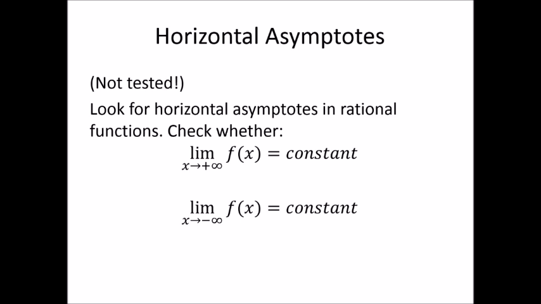So how do you know whether it approaches a constant? Sometimes you can just logic it out. If you have 1 over infinity, that is approaching a constant 0. If you have 5 plus 1 over infinity, that is approaching a constant 5. If you have 5 plus 1 over negative infinity, that is also approaching the constant 5.